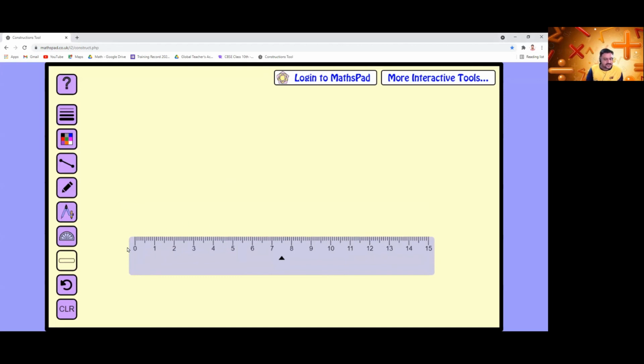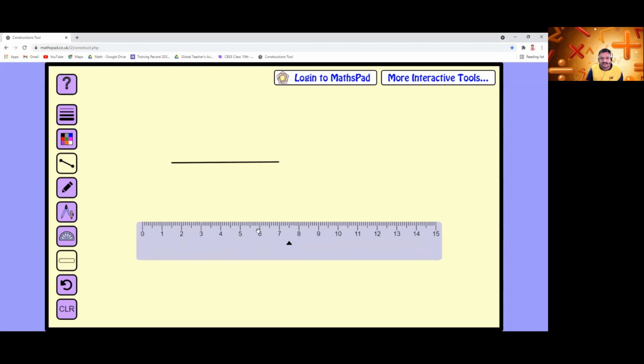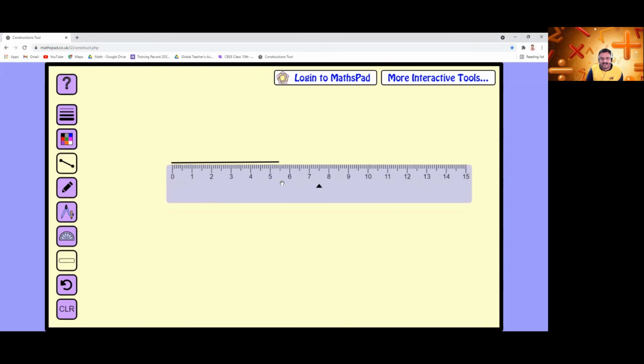Now the segments are already given to you in your textbook. Suppose we will take one segment first. See, this is the segment. Now I will put the scale here and measure it. How much is it coming in this case? Yes, Gaurav, how much is the distance of this segment?